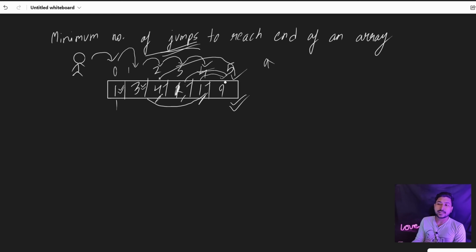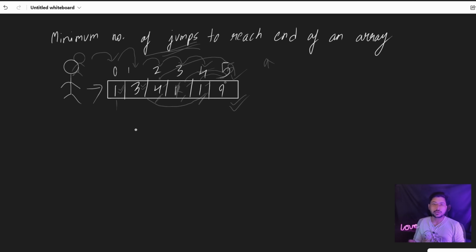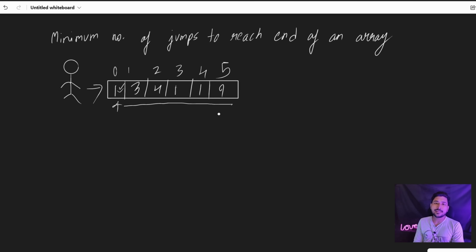So we need to find how, in the minimum number of steps, we can cross this array, we can jump off this array. So basically the brute force approach will be to go from here and one by one till the reach point. We can check for the maximum reach element on that array, and just take that maximum point, and after that, from that point, take the next point of the maximum element and reach that.